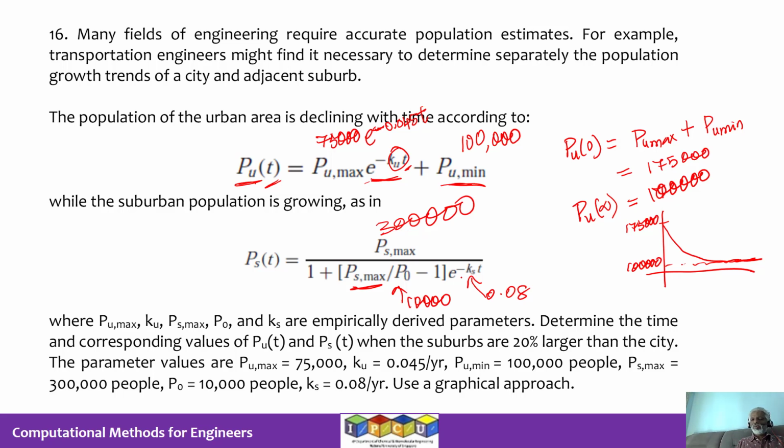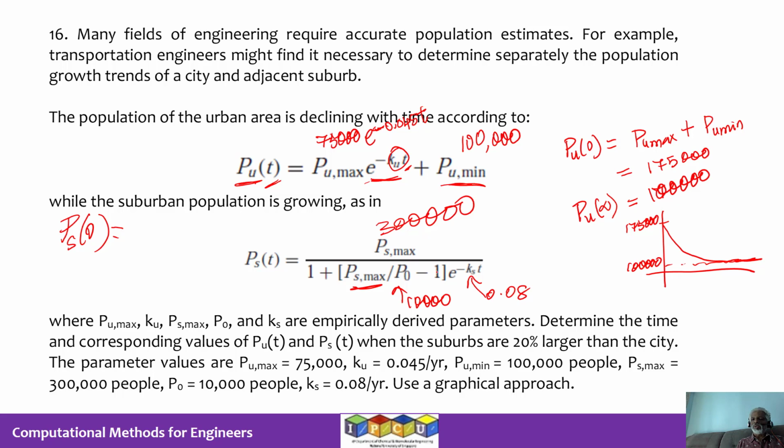Now, if you put t equal to 0, that means at the starting time, what is the suburban population PS at time t equal to 0? What happens to e to the power of minus KS t? This will be 1. So we are going to have 1 plus PS max by P naught minus 1.